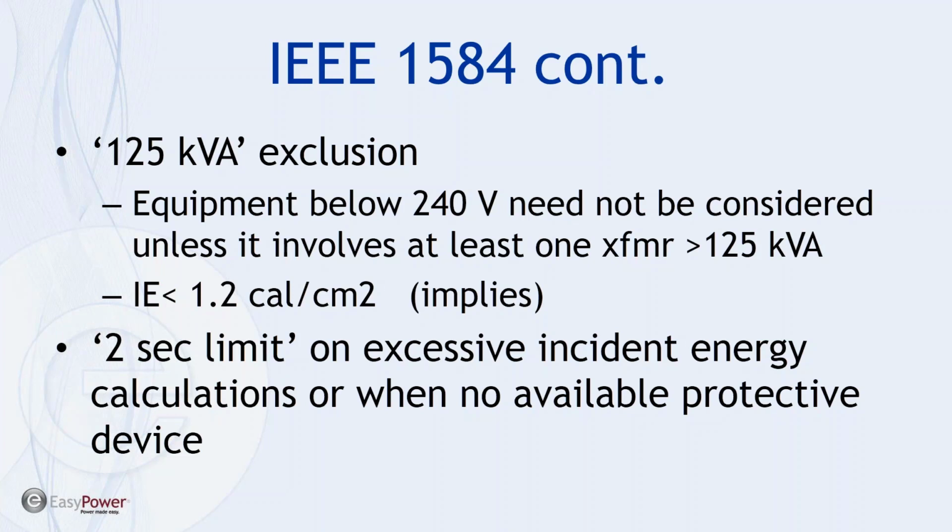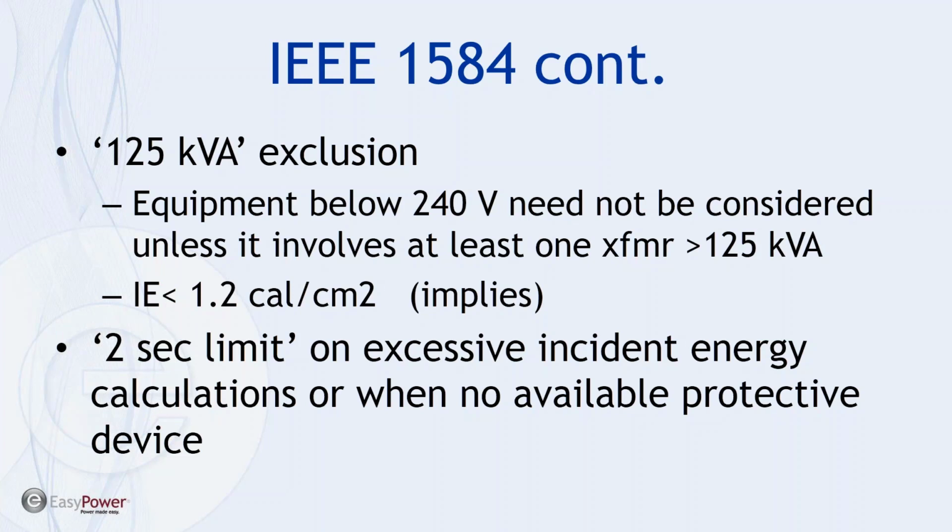Now, the corollary to that statement is, if IEEE considers this inconsequential, then it could be implied that systems supplied at this voltage level and with less than 125 kVA transformers could be considered to be no greater than 1.2 calories per square centimeter as energy level, or else they would be included. And then secondarily, the 2-second limit on excessive incident energy calculations when no protective devices are available.